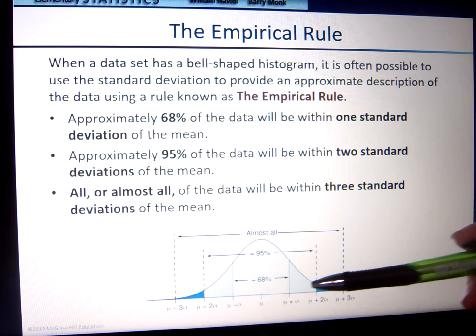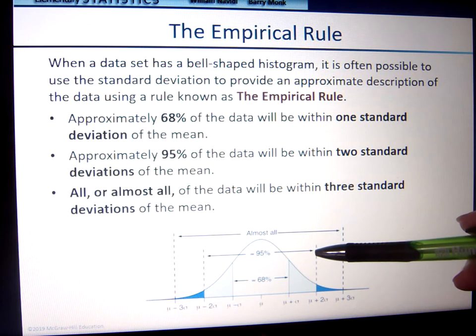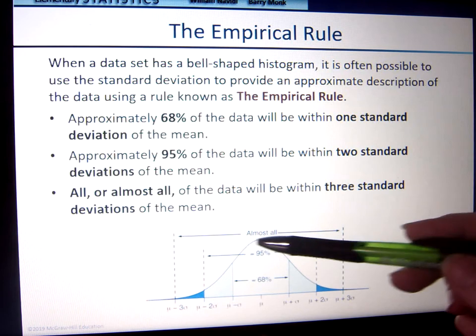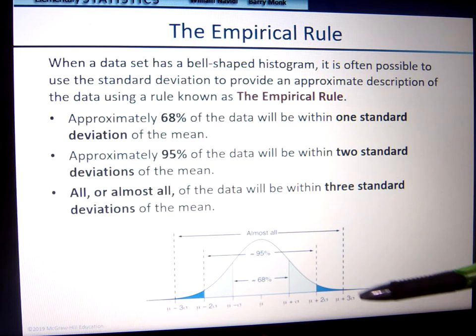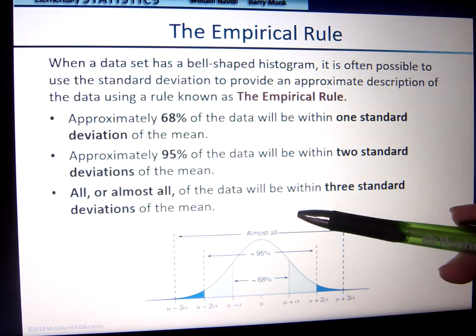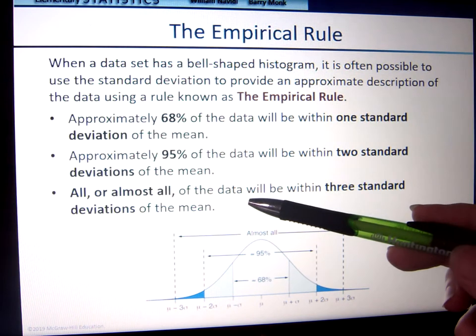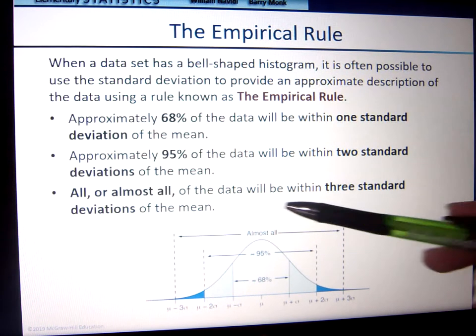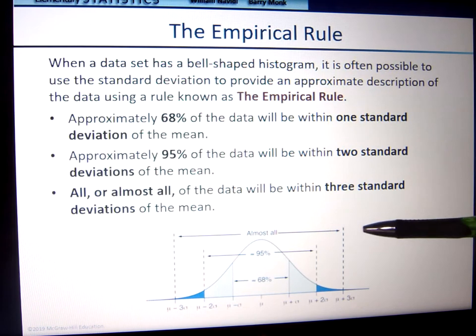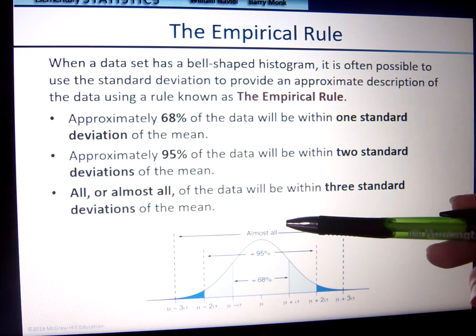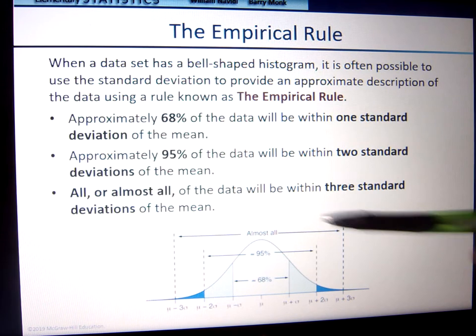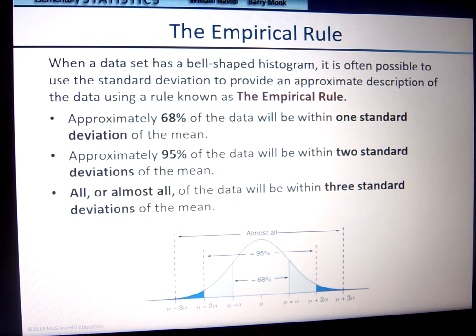If I travel two standard deviations away from the mean, I can cover 95% of my data. And if I travel 3 standard deviations away from the mean, I can gather all or almost all of the data. So we usually call this 99.7. So 68, 95, and 99.7. It's not written on here, but that's normally what we call it. It just means almost all of it.